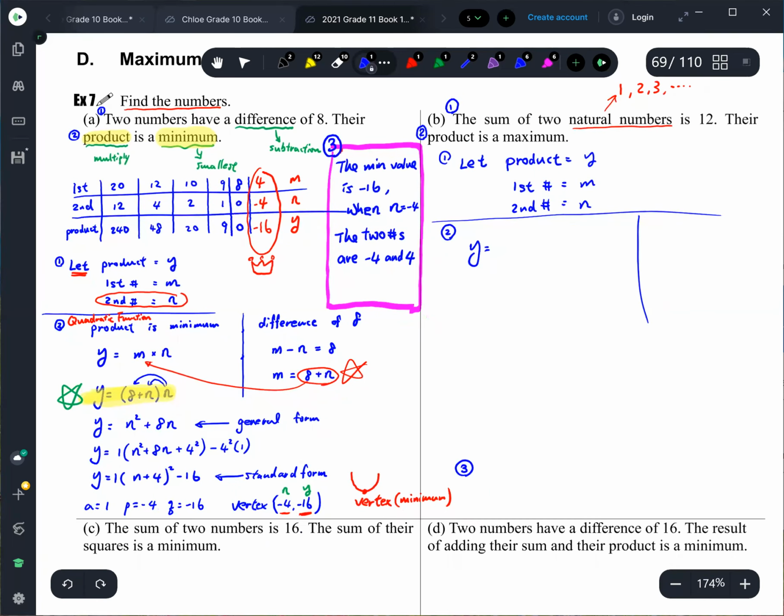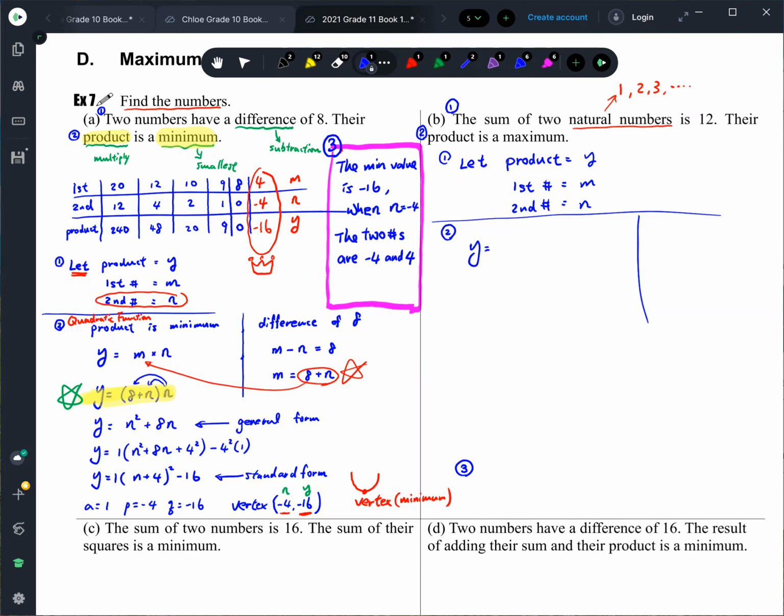So how do you translate the first sentence? It tells you the sum of two numbers is 12. How do you write that out? You can write like 2 plus 3 equals 5.